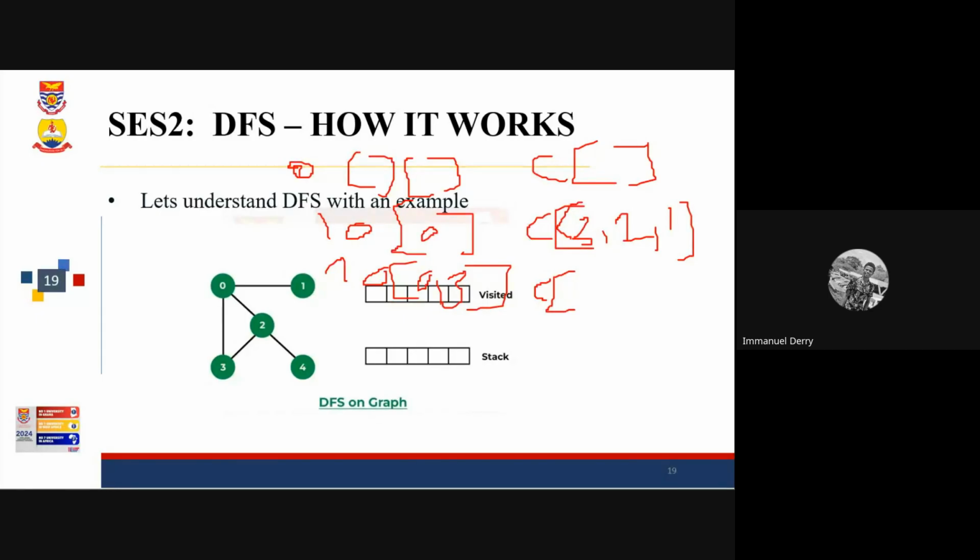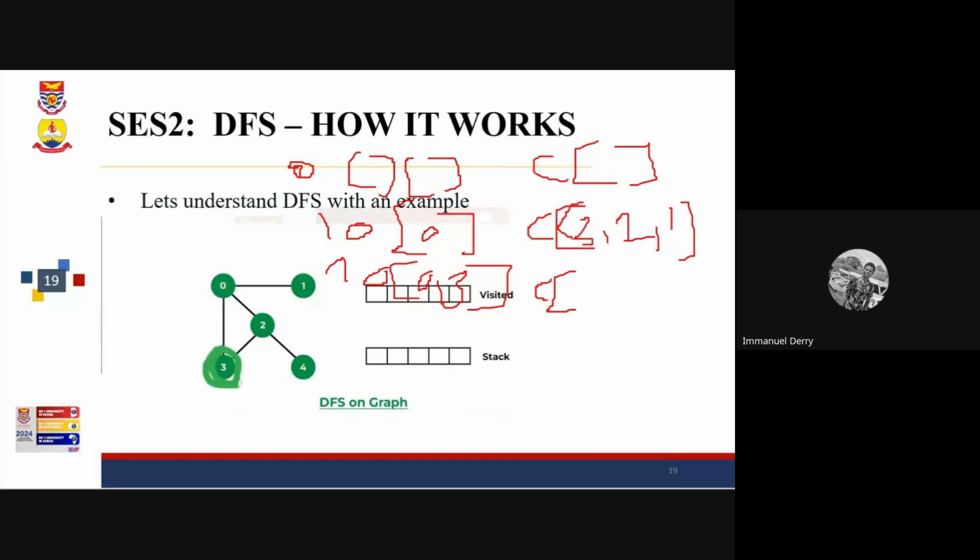What I'm saying is that we try as much as possible to avoid repetitions. We have visited 0 already. That was our starting vertex. That's when we got 3, 2, and then 1. And then when we are done, we now move to 3.